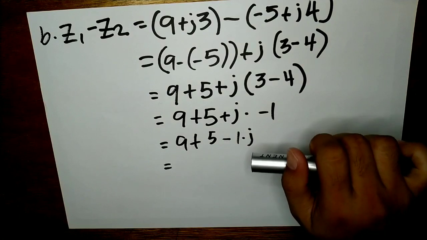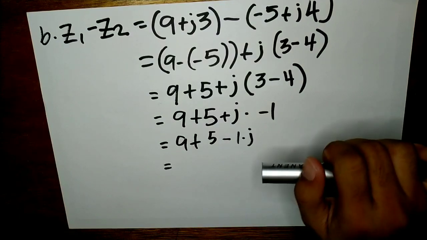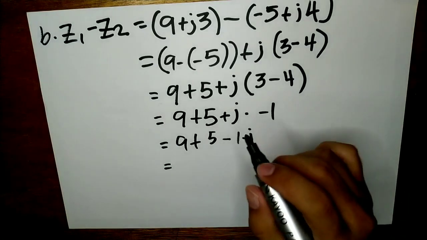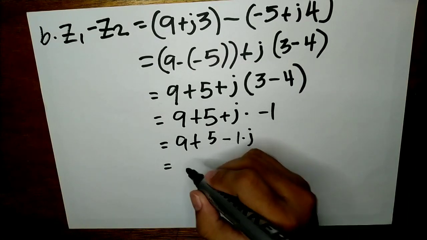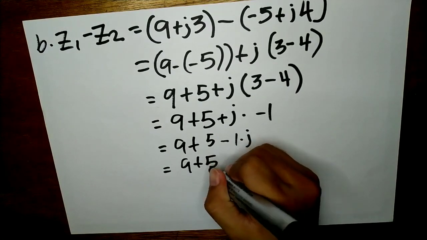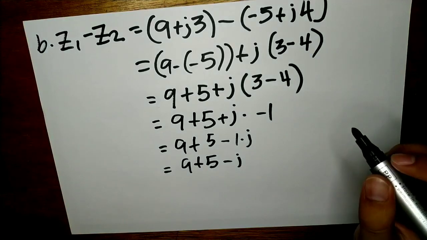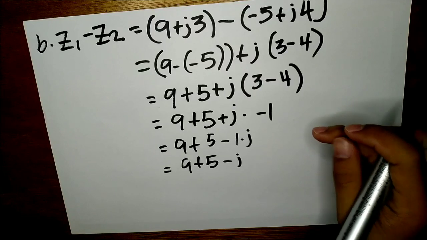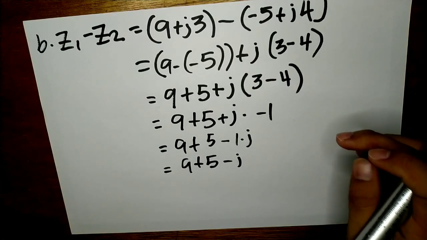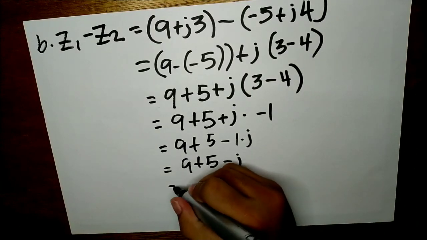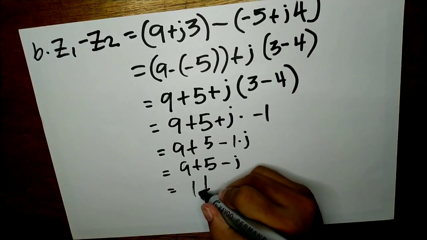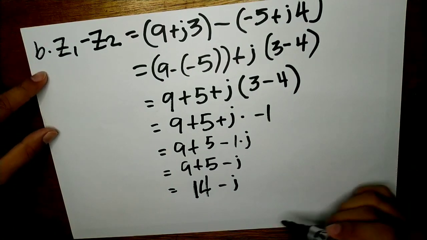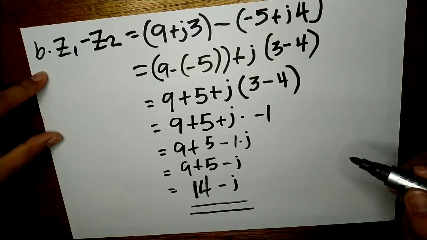After that, we need to write this one I, or one imaginary, into negative imaginary. So it will go like this. Now, in order to get the final answer, we need to add 9 plus 5. So, that's it. We get the final answer.